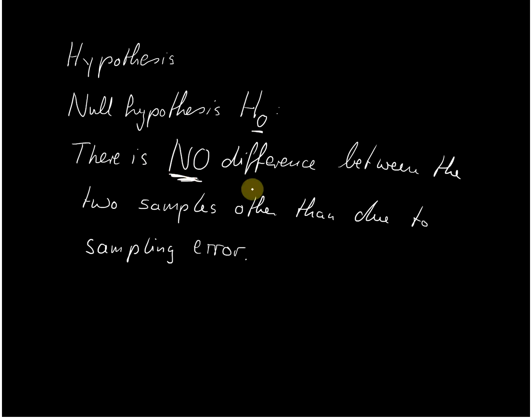So there's no difference between the two means of the samples other than due to sampling error. Means of the samples, to make it even a little bit more punchy. And I can write, in this case, X bar A is the same as X bar 2. So that is my null hypothesis. In one case it is worded, and in the other case it is written as a mathematical expression.